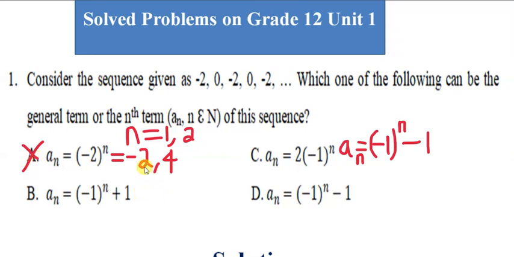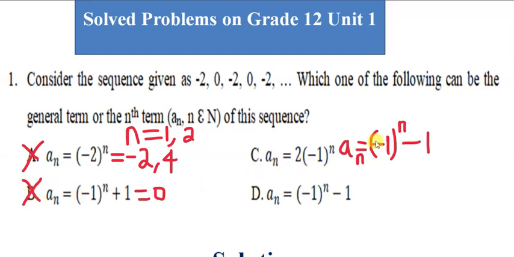And again, when n is equal to 1, the general term indicated in B gives us (-1) to the power of 1, which is -1. Minus 1 plus 1 is equal to 0. It gives us 0, so the first term a1 doesn't give us -2, and therefore it fails in the first check.